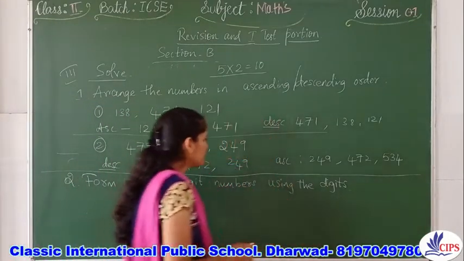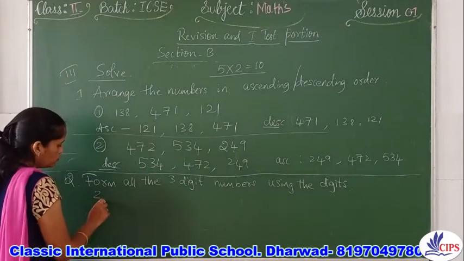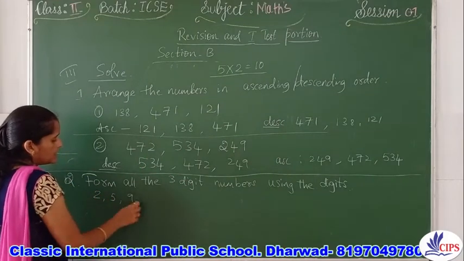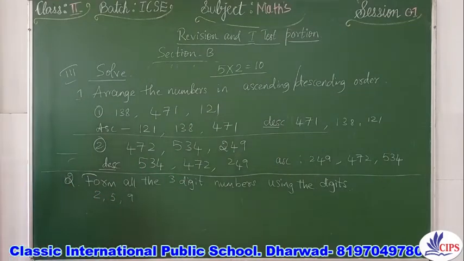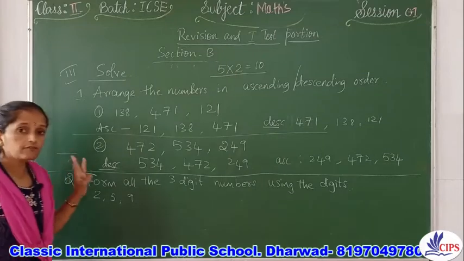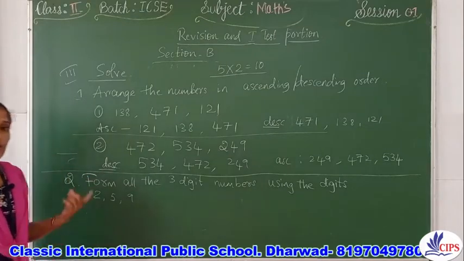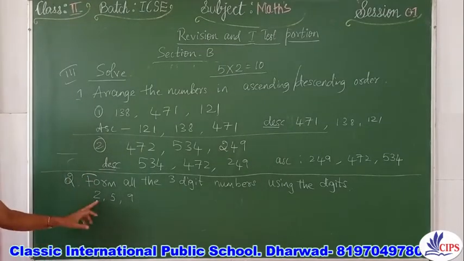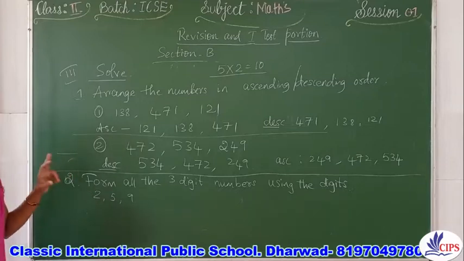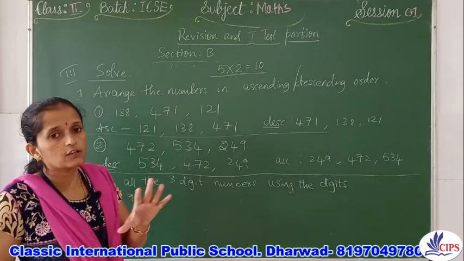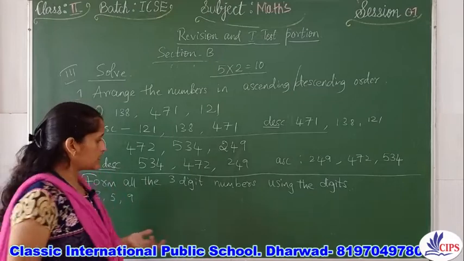For example, they'll give you 2, 5 and 9. So you should make all the 3-digit numbers. See, we have done this also in the first chapter. How to make the possible 3-digit numbers by using these numbers, and for that also you have one pattern, one method. It's not that we are writing randomly.